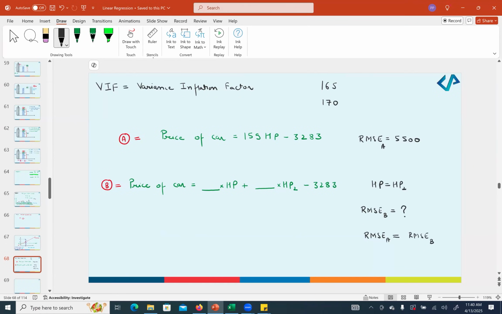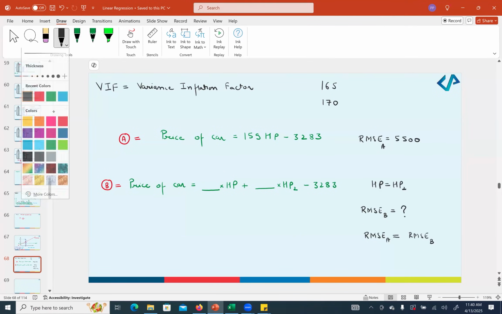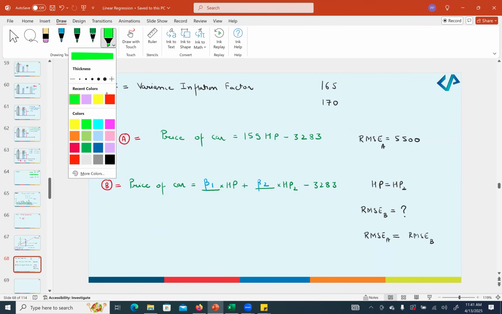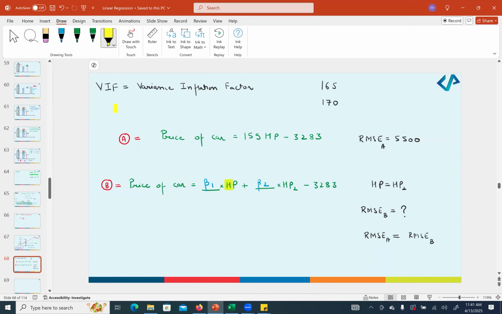Okay. What about now? Let's say here, this is B1 and let's say B2. Can you make any prediction about B1 and B2? Let me tell you one thing. According to the model, does the model have any preference in terms of whether it is horsepower 1 or horsepower 2?